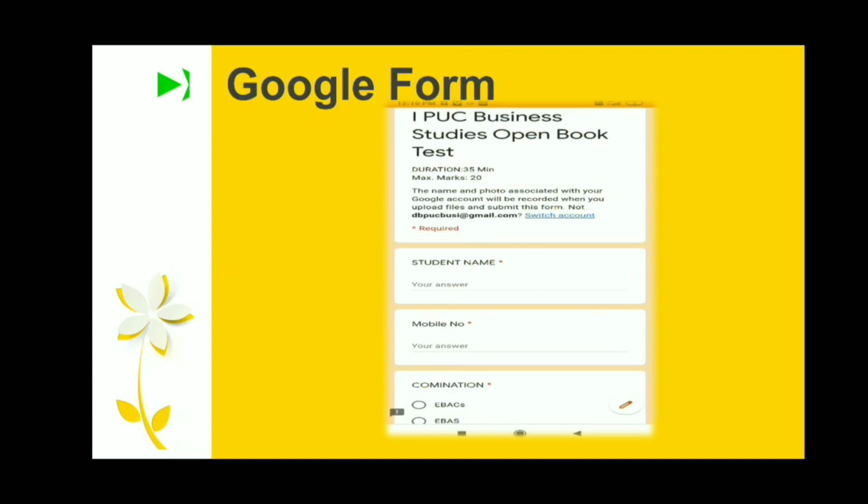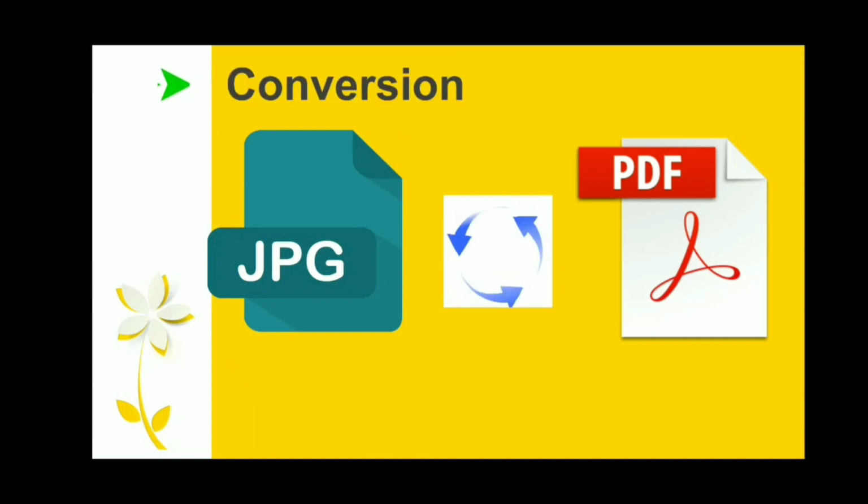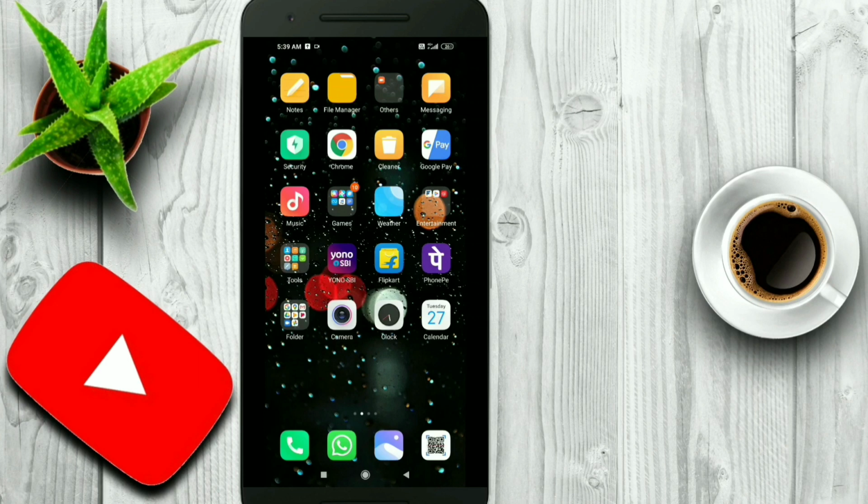Coming to Google Forms, many of us are finding it difficult to convert our answer sheets into one PDF file and upload it to Google Form. So, in this video, we shall learn converting the images into one PDF file and uploading it to Google Form. Now, we shall start learning step by step.